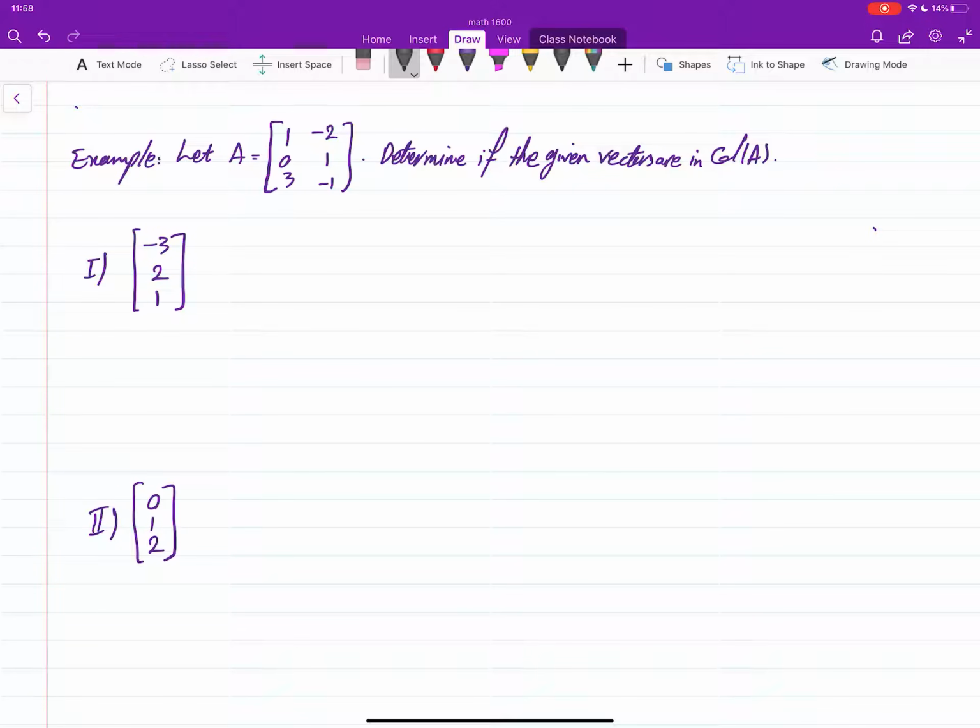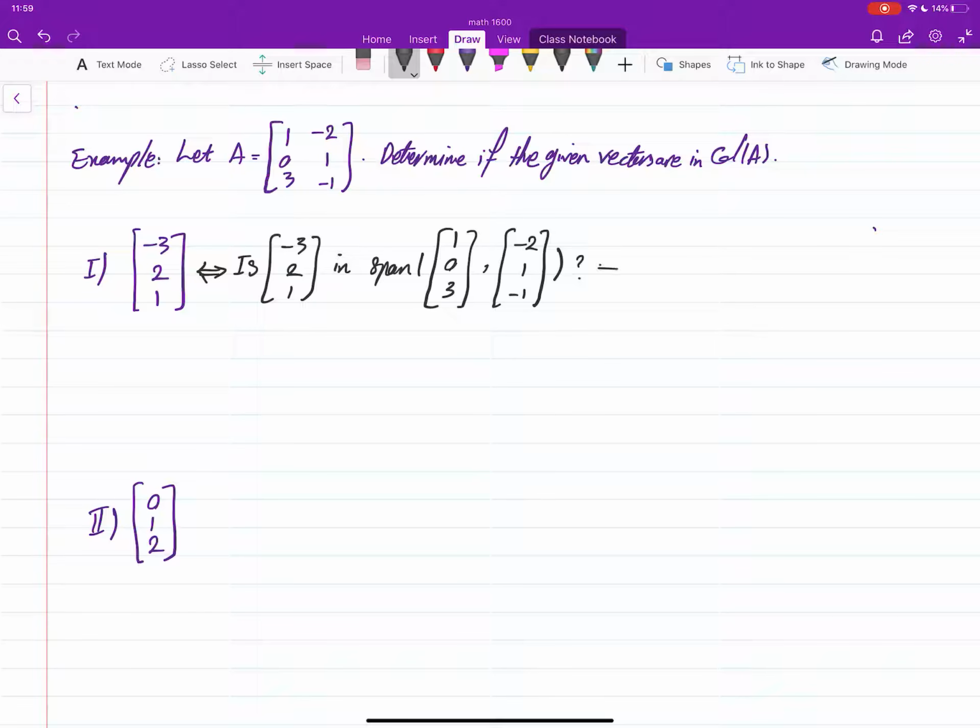Checking that this vector is in the column space is the same thing as checking: is this guy in the span of the columns? But we already know how to find out the answer for this question.